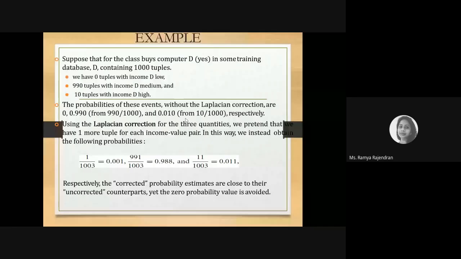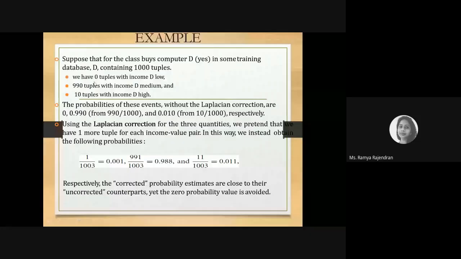So when you use this income value pair and multiply it with the rest of the probabilities in the conditional probability, what will happen? The whole value becomes 0. In order to avoid that, we just assume there is one tuple for low income, 991 tuples for medium, and 11 tuples for high income.